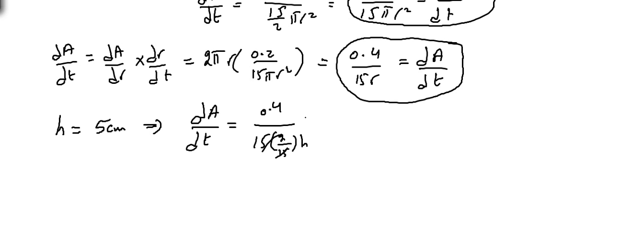It's 0.4 over 2h, right? It's 0.4 divided by 2h. And we just substitute instead of h its value, which is 5.